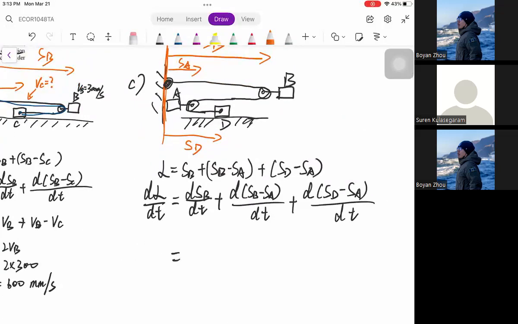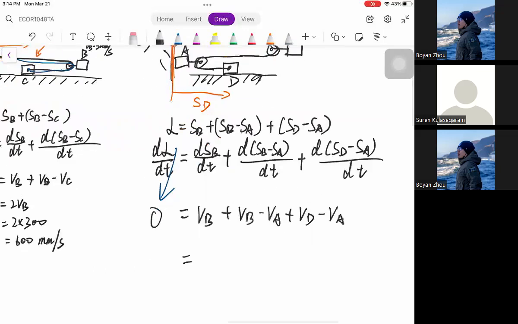The derivative of a constant is 0, and the derivative of SB is VB, and it's minus VA, plus VD minus VA.